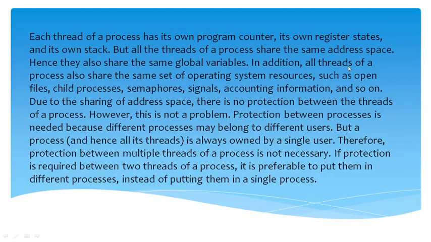In addition, all the threads of a process share the same set of operating system resources, such as open files, which the child and parent process can use. So there is sharing of resources among the threads. Due to the sharing of the address space, some protection will be missing between the threads of a process.